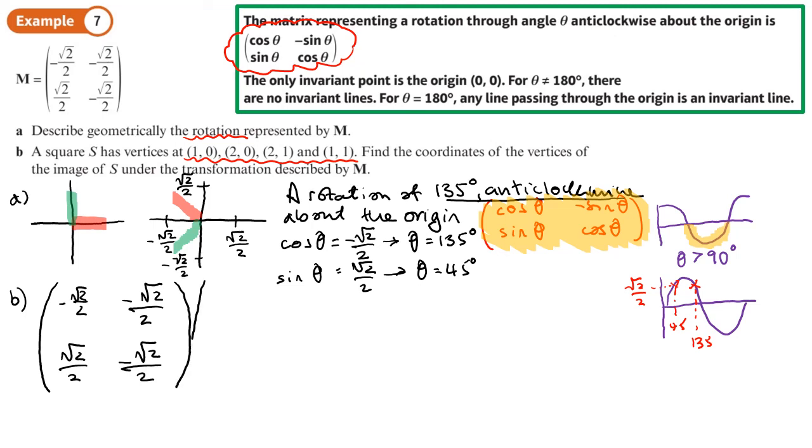And then we're going to do a transformation of those points, so we'll write them in columns: 1, 0, 2, 0, 2, 1, 1, 1, like this. So we're going to multiply them together.